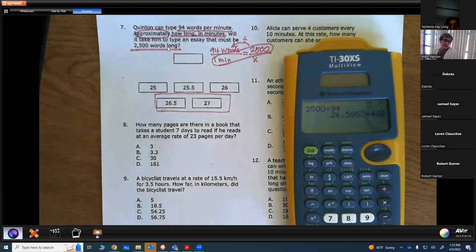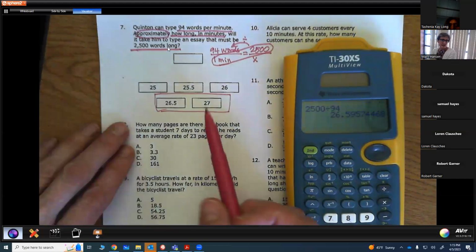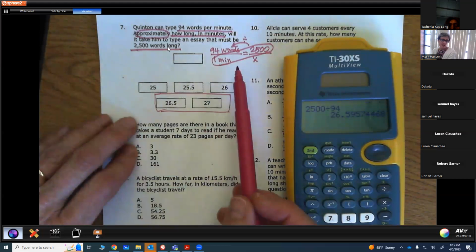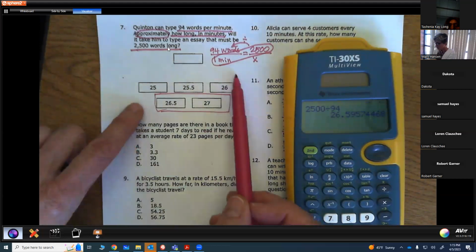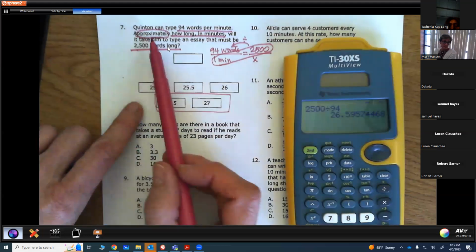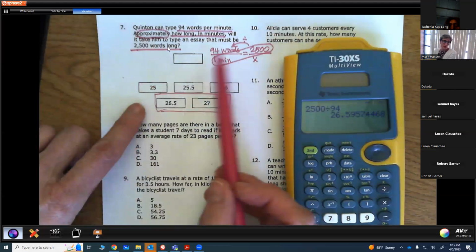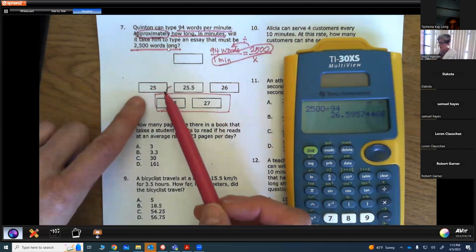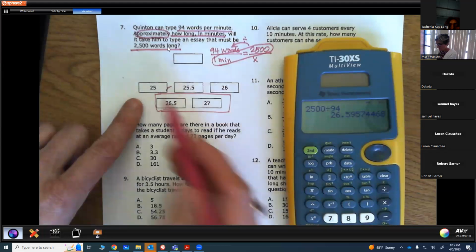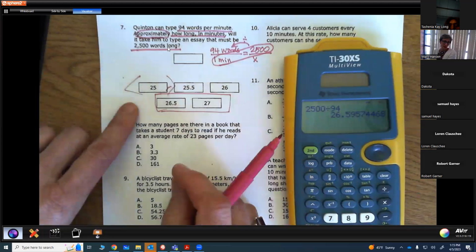Most important idea, I guess, is the idea of understanding. The other thing you could say is if we're totally estimating, we could say 94 is close to 100, and 2,500 divided by 100 would be 25. So I'm not sure what answer they would say is the correct one, to be honest with you.